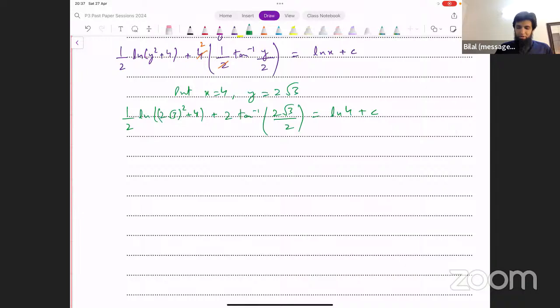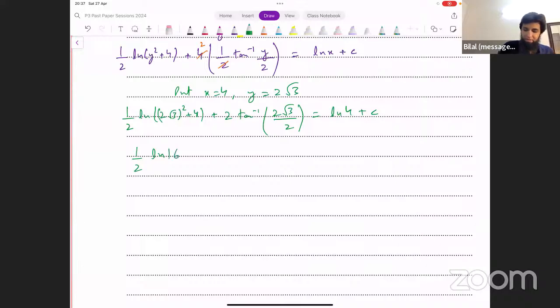2 tan inverse of 2 under root 3 over 2. It's fine until this point. Okay, so this looks correct. Just look out for any careless errors. I was just looking at that. 1 over 2 into ln of 4 into 3, that's 12, plus 4, that will be 16.